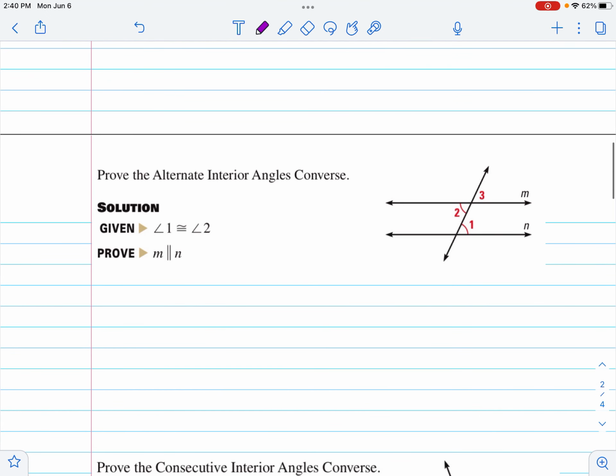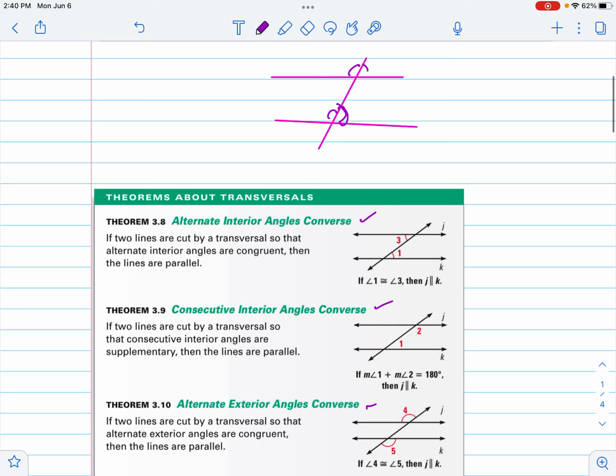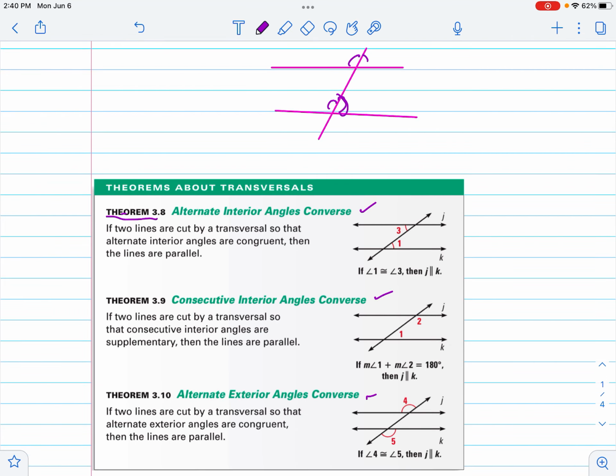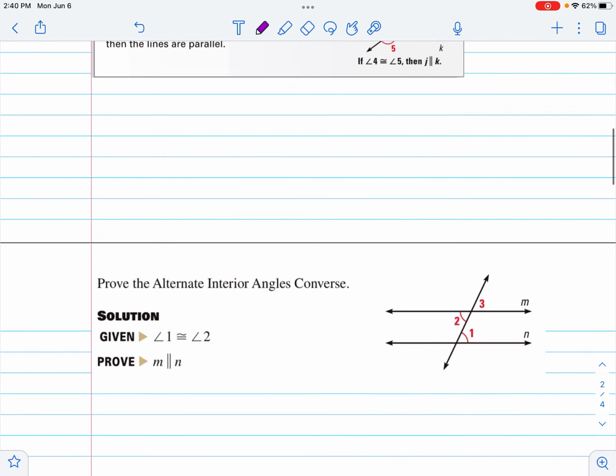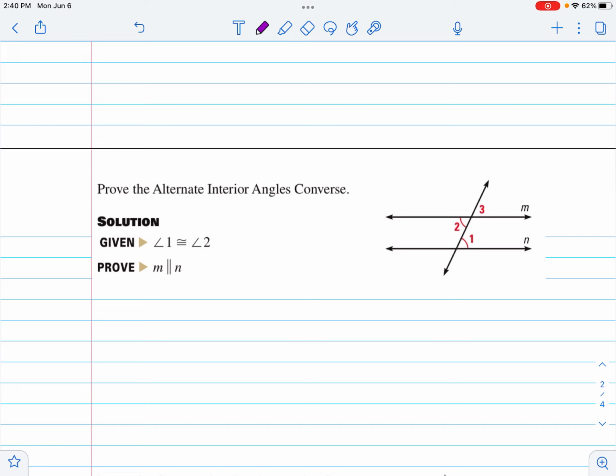So let's just see how we would prove this first one. Theorem 3.8. Okay. So we've got this situation where M and N are lines and they're cut by a transversal, such that angle 1 is congruent to angle 2, as you can see in the diagram.